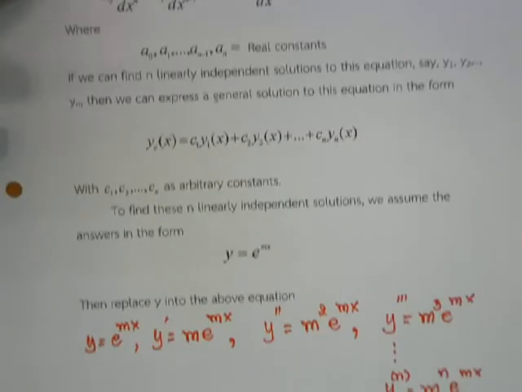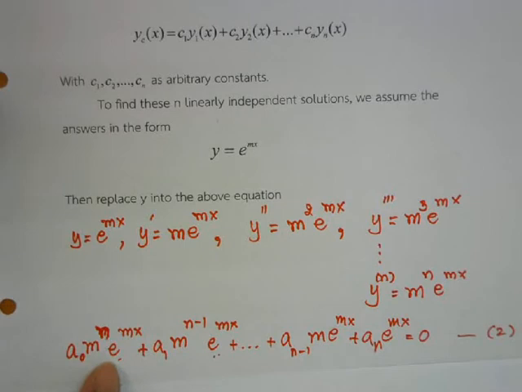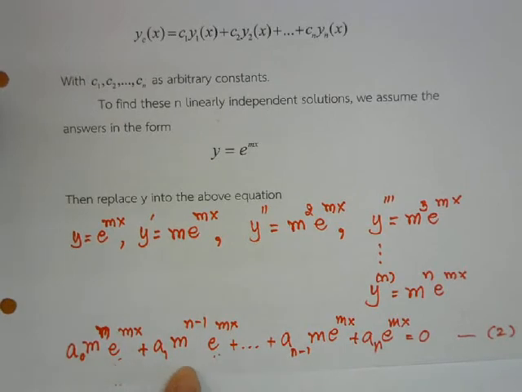For the order n, we get m to the power n times exponential of mx, with the constant coefficient a0 in front of the nth derivative term. So we plug our derivative forms of y into the differential equation, and we get equation 2.